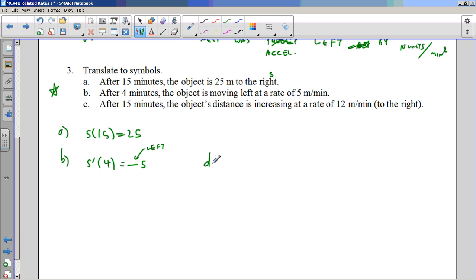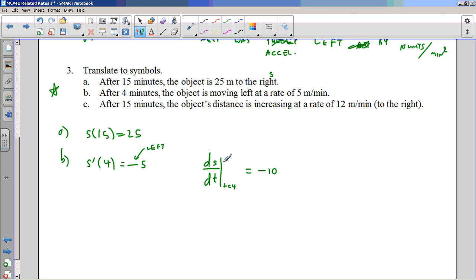So that means the position is changing with respect to time when time equals 4. When time equals 4, the change in position is negative 5. Okay, so that means the ds by dt, that line means when t equals 4, and that's the value.